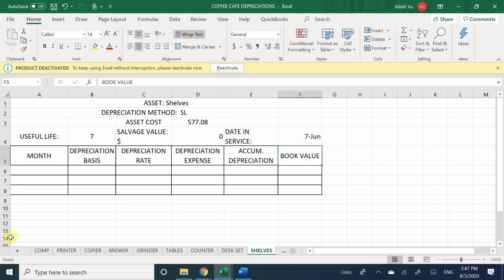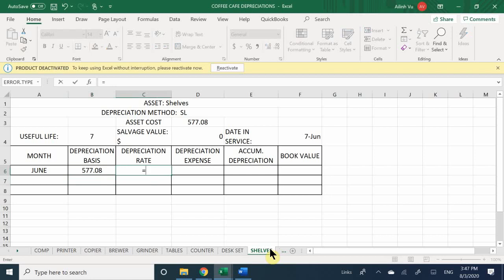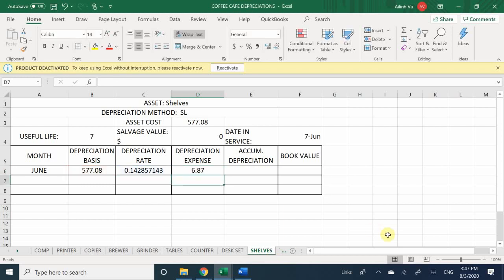Depreciation basis is 577.08 times 0.1428 equals 82. Divide that by 12 equals $6.87. Perfect. Good job.